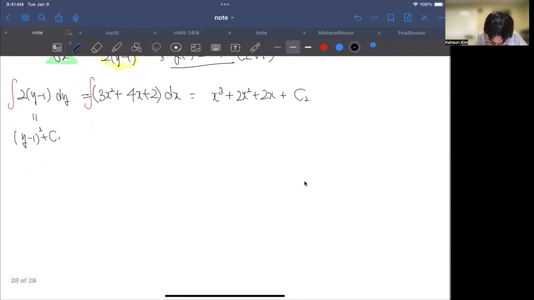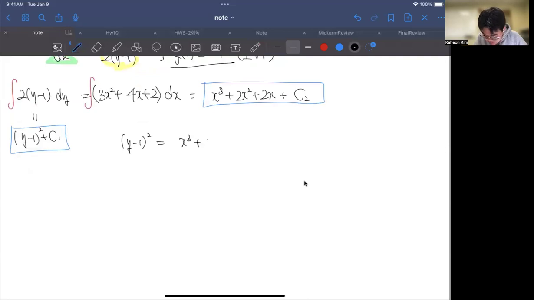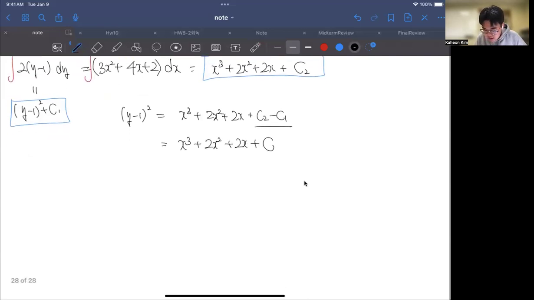And we can organize them using this equality. We can guess (y - 1) squared equals x cubed plus 2x squared plus 2x plus c2 minus c1, and these are constants, right? So x cubed plus 2x squared plus 2x plus some constant c.